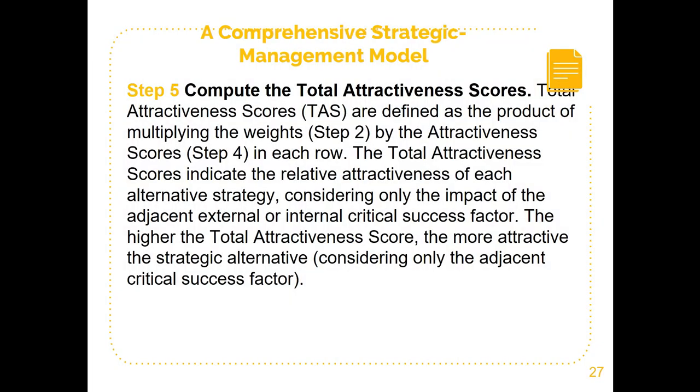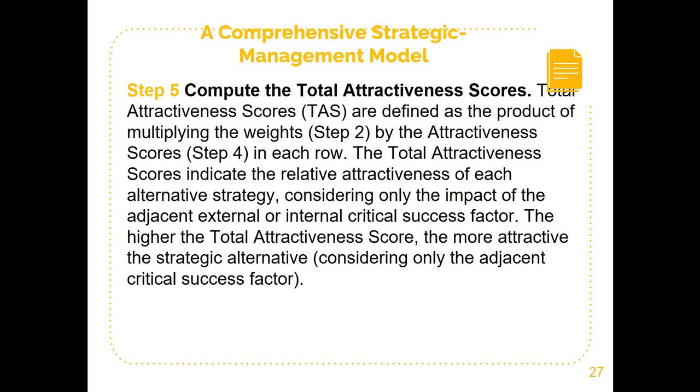Next is your step 5. You have to compute the total attractiveness scores. Total attractiveness scores, or your TAS, are defined as the product of multiplying the weights from step 2 by the attractiveness scores in step 4 in each row.